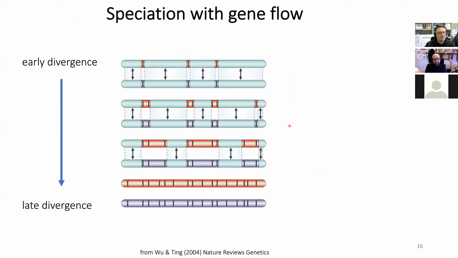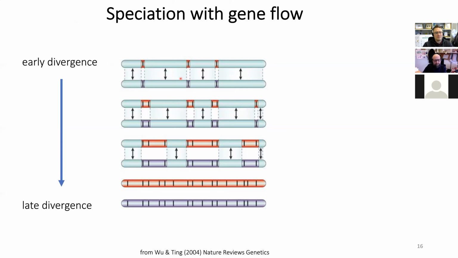So just to give you some background about speciation genomics in general, a common model that's been used to understand speciation with gene flow is that it's predicted that certain parts of the genome become isolated early on, and then by different possible mechanisms they expand over time as two species diverge.